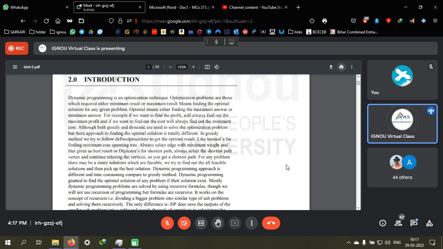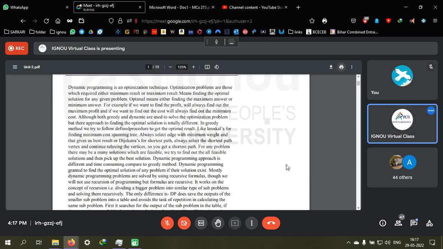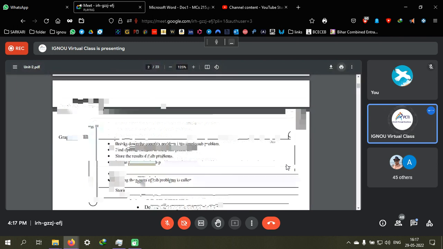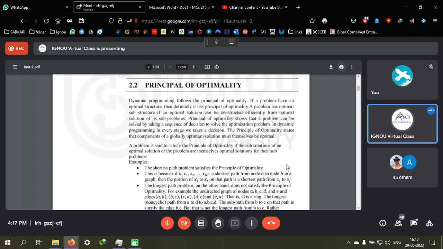Mostly in dynamic programming, we solve a problem using recursive formulas. So this is the difference between the dynamic and the greedy approach. Now the next one is principle of optimality. Dynamic programming always follows the principle of optimality.